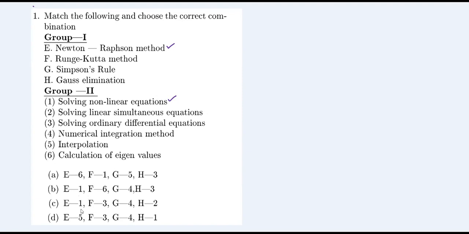So E1. So we have these two options now. Second one, Runge-Kutta method F. It is solving ordinary differential equations. F3. So here we got the solution. You can cross check Simpson's rule, the other two. Simpson's rule is used for numerical integration.